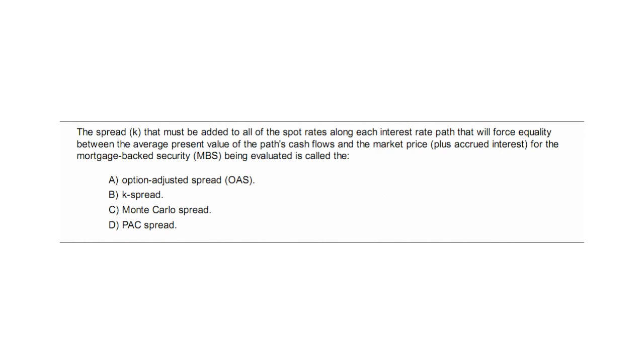The next question: the spread K that must be added to all spot rates along each interest rate path will force equality between the average present value and the market price for an MBS is called. This is called the option adjusted spread. That's quite intuitive, that's the definition of option adjusted spread.